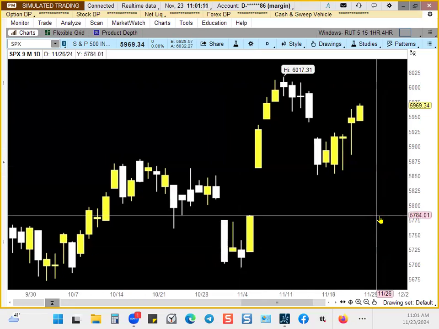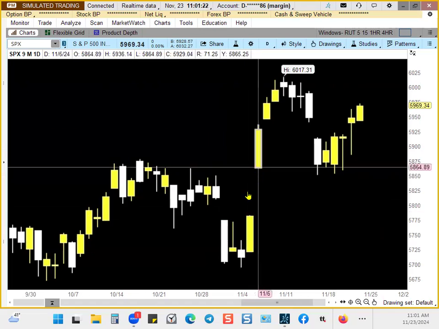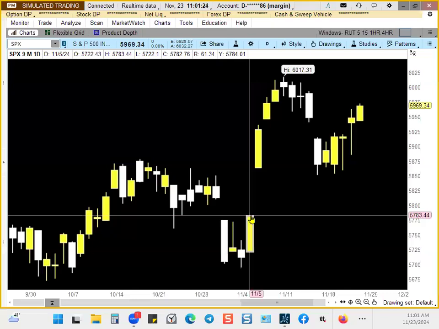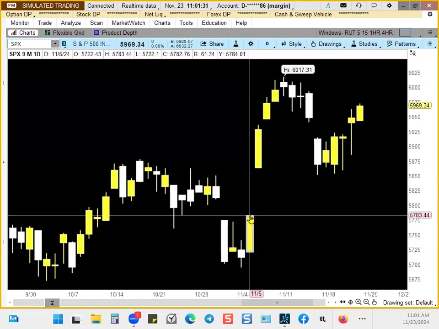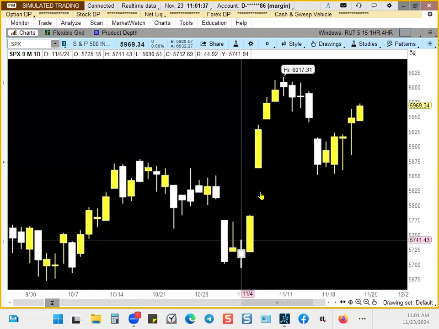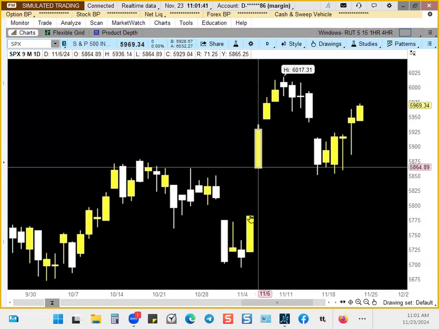When we talked about gaps, we talked about a gap is essentially a rush of orders, is one way of looking at it, that moves in one direction or another. It basically creates a vacuum of space, which is probably the best way to look at it. I like to refer to it as trading space, but it basically creates a vacuum that can be used as support or resistance, depending on the direction.